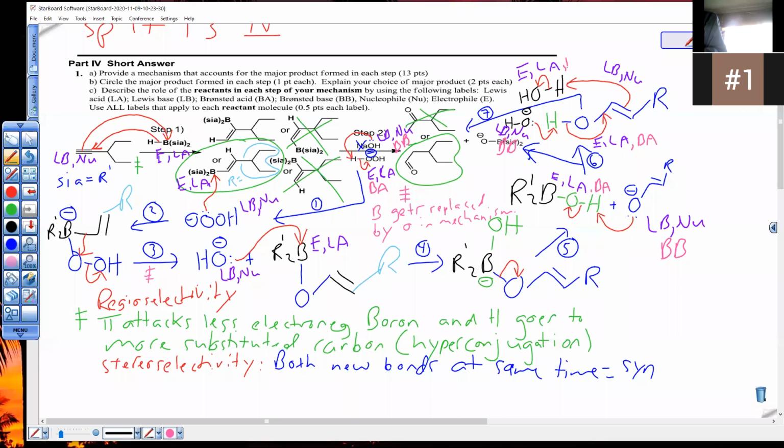Here, it's a proton being attacked. And this is attacking. Got a lot of good stuff there. Wow, labels are a lot. I'd say there's more than 10 points of labels for sure. Yeah, it's a big question.